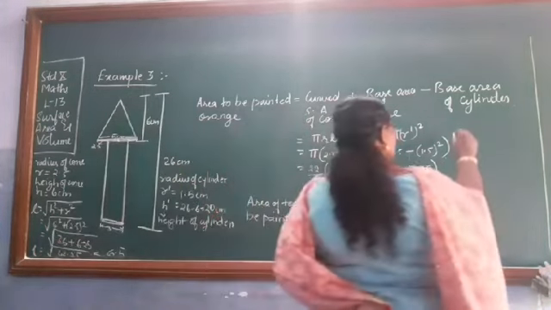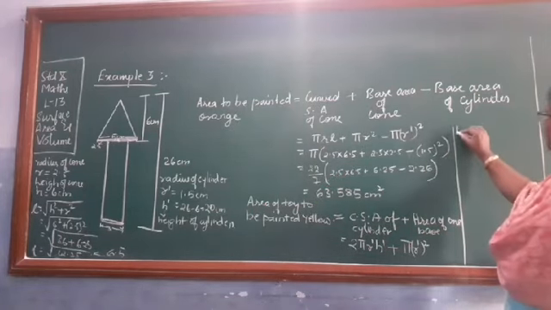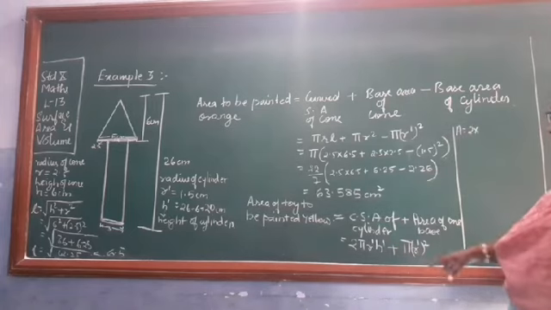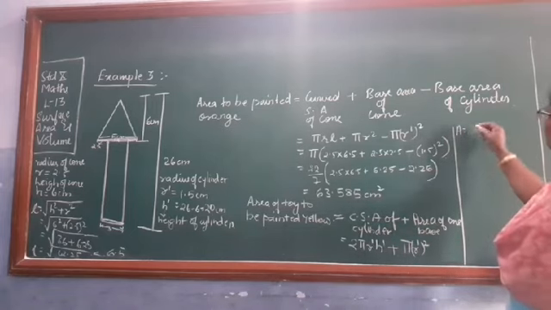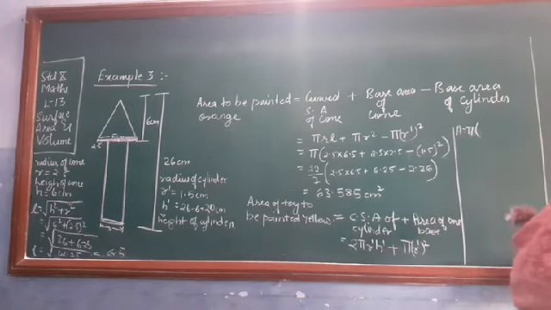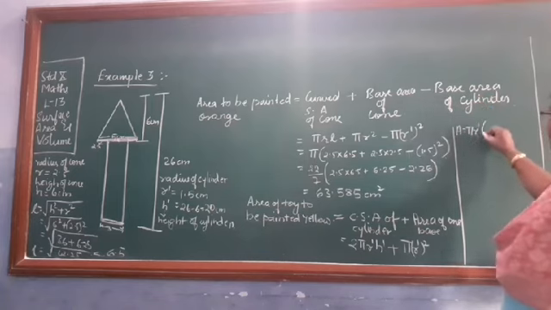Now let me calculate. What would be 2 pi r h? The area would be equal to 2 into pi, so let me take pi common outside. 2 r dash h dash, and r dash is also common, so I can take r dash outside.